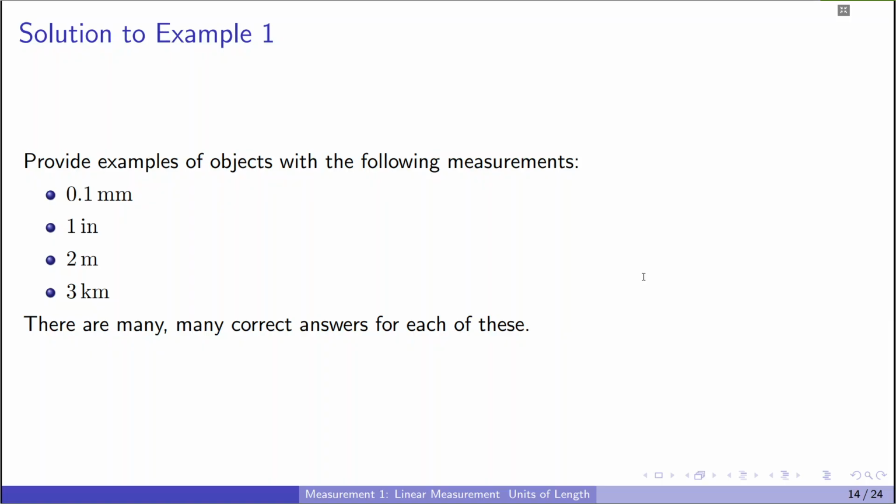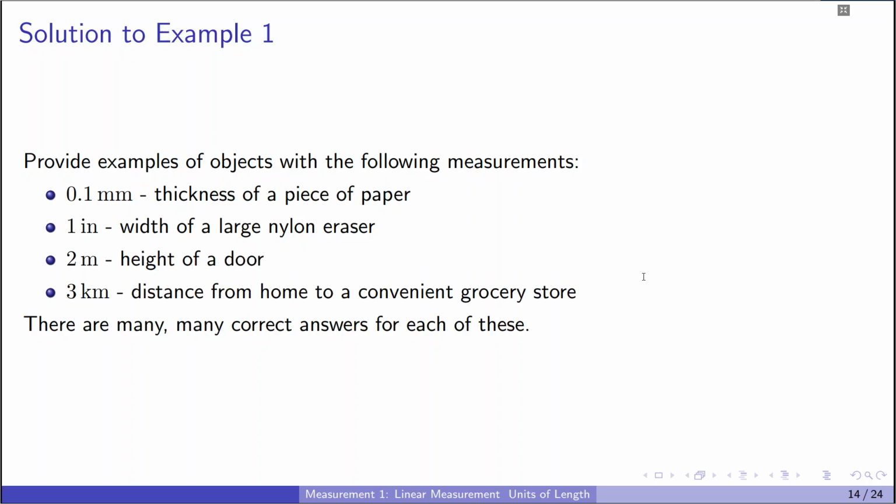The 0.1 millimeters could be the width of a hair. 1 inch, it could be the distance between the knuckle and the end of the thumb. 2 meters, that could be a tall person. 3 kilometers could be the distance from home to school. These ones do not have a single right answer. So others: thickness of a piece of paper, width of a nylon eraser, height of a door, distance from home to a grocery store.